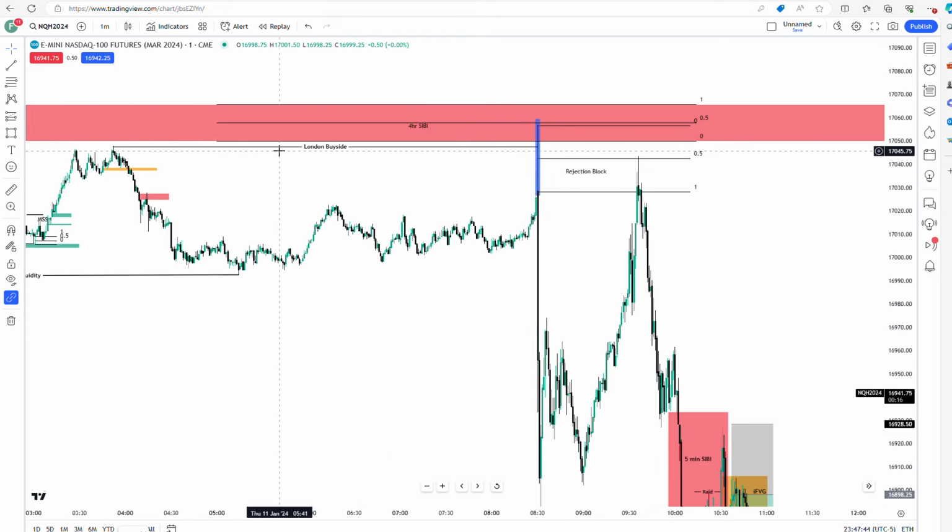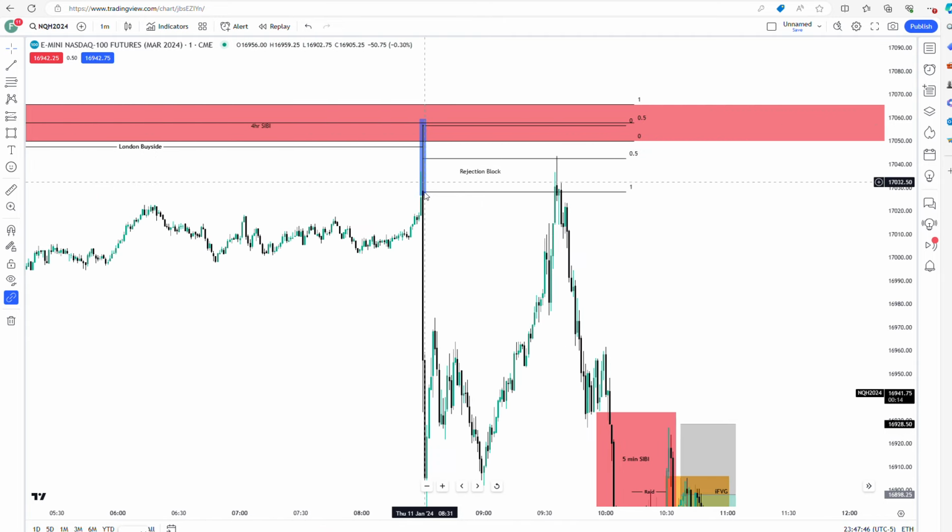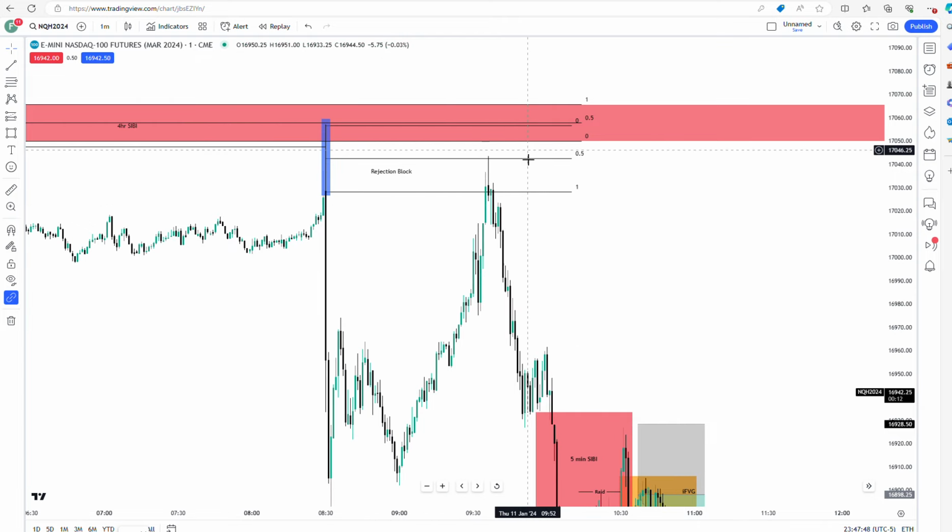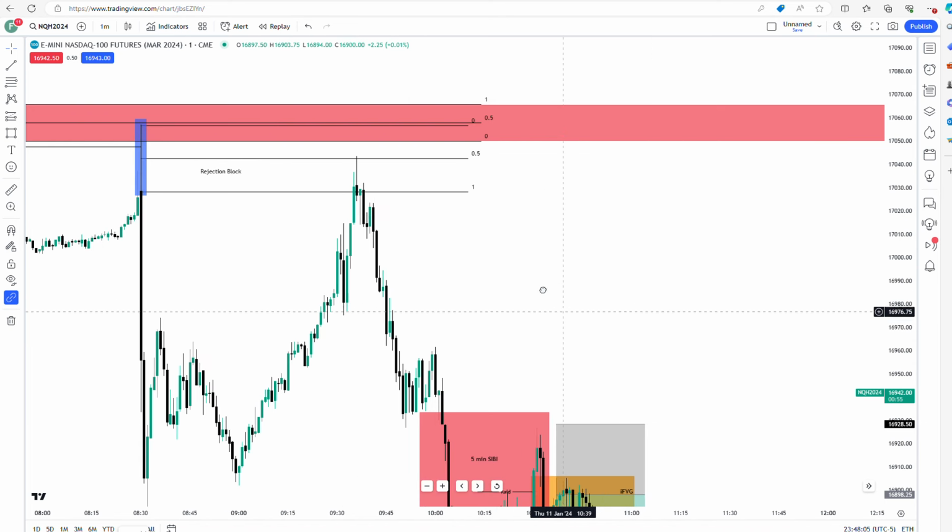It takes out liquidity and taps into an imbalance. So we can use that wick as a rejection block. And again, look at this, the wick taps onto 0.5 and then rejects from that spot. So rejection blocks are good. And that's the only time when you can have some kind of shift. Apart from that and SMT, they're the two cases where you don't necessarily need a raid on liquidity and you could enter from a market structure shift and a return.